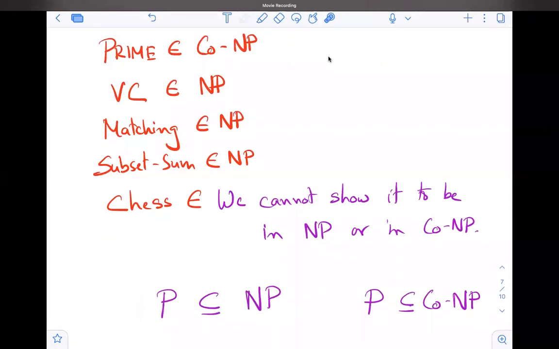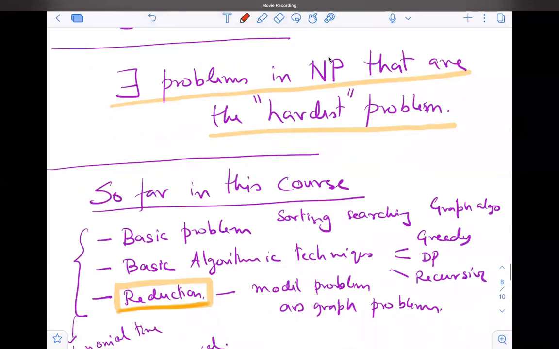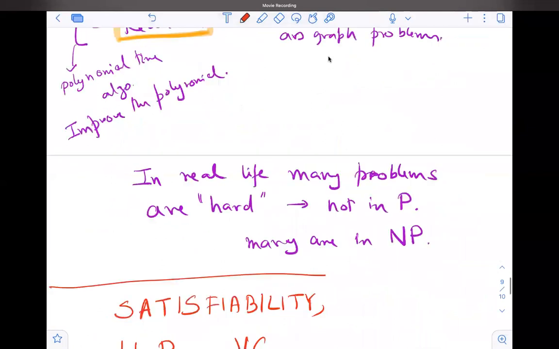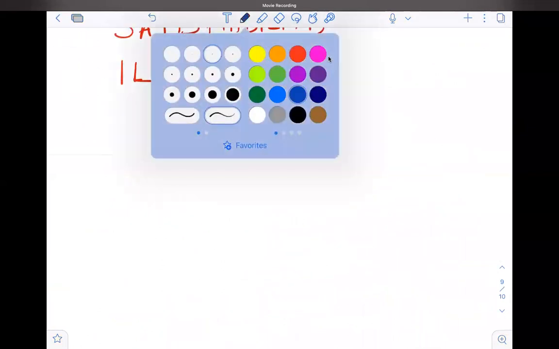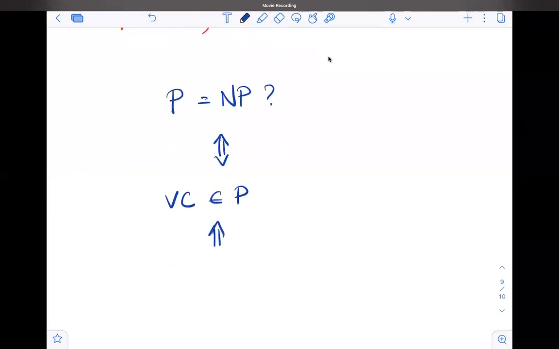Sorry. I mean, this is something that I will show, and I'm just trying to advertise it to some level: the P equals NP question is equivalent to saying whether the vertex cover is in P. This will be the same as saying whether subset sum is in P.